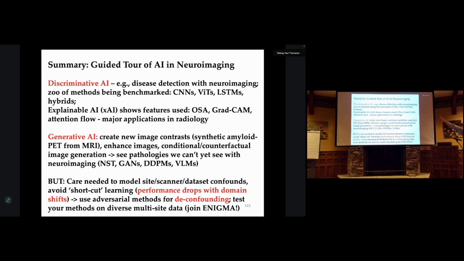So we talked about convolutional neural networks, vision transformers, and sequence AI methods like long short-term memory, recurrent neural networks. And in our context, they read a series of 2D slices of sequence and make a decision, and hybrids. Explainable AI shows the features used, so OSA, Grad-CAM, the simplest. Attention flow is kind of cool if you look at that, with major applications in radiology.